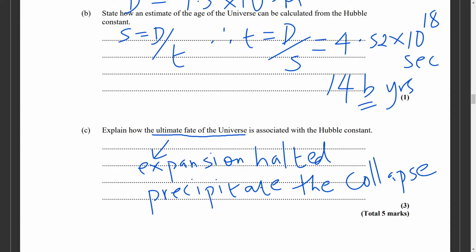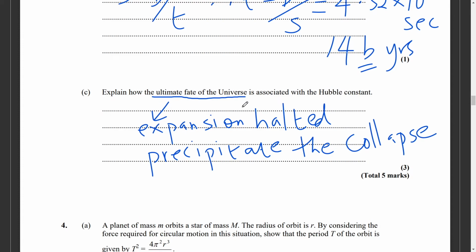So how is this associated with the Hubble constant? Well, remember that the Hubble constant is calculated by V over D. So if the Hubble constant is to stay constant, it means that the ratio between V over D has to also stay constant, which means that V is going to get very, very small.